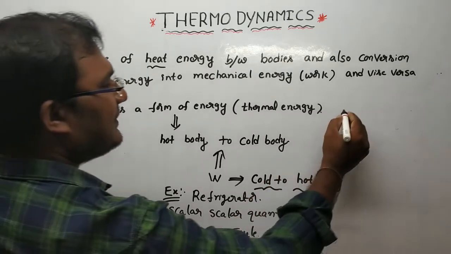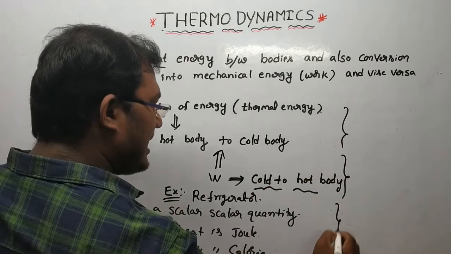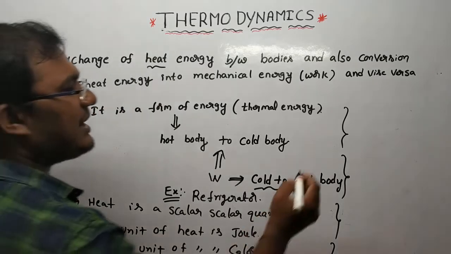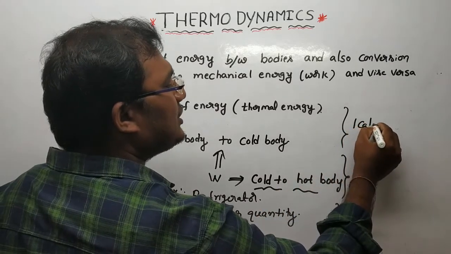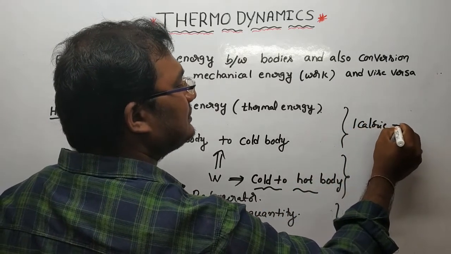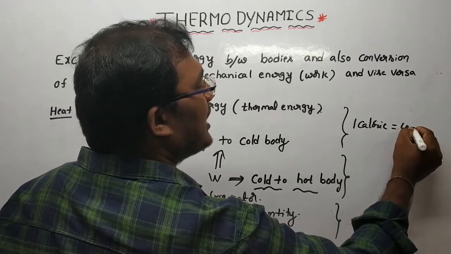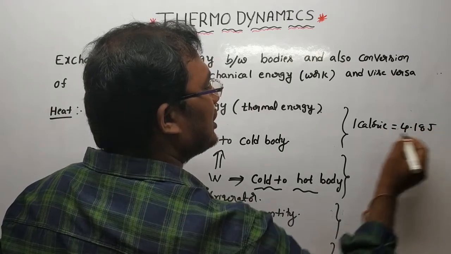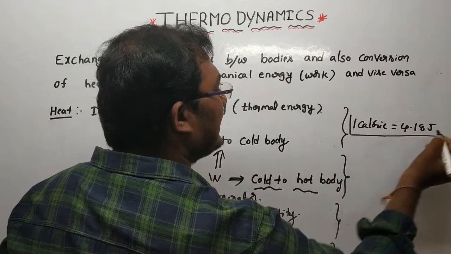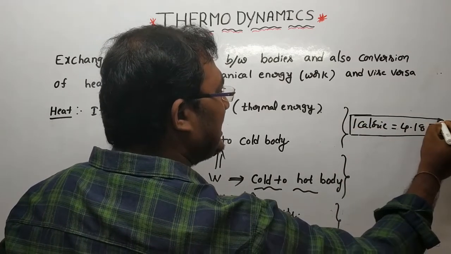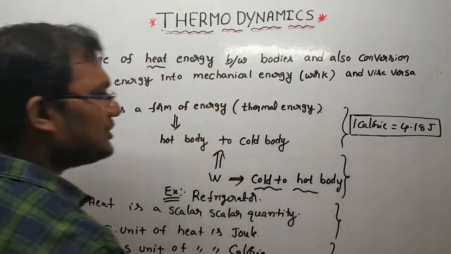The relation between joules and calorie is given by 1 calorie equals 4.18 joules, which is the most important conversion we use in numericals.